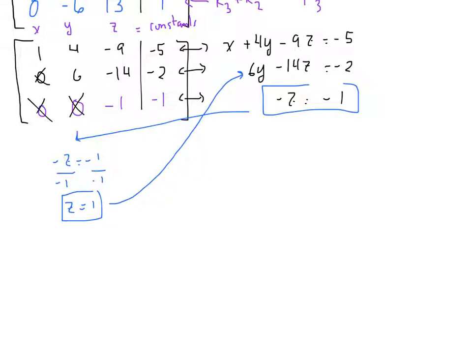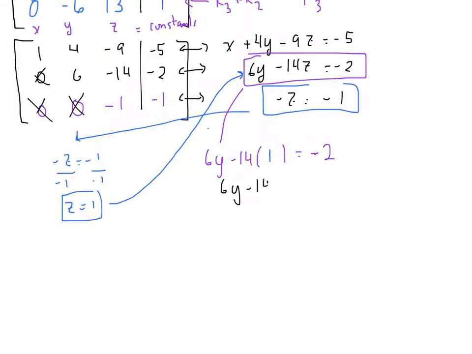Well, this equation, I'm going to do this one in purple. This one is 6y minus 14z equals negative 2, but I know z is 1, so I can replace that z with a 1. And so now I have 6y minus 14 equals negative 2.